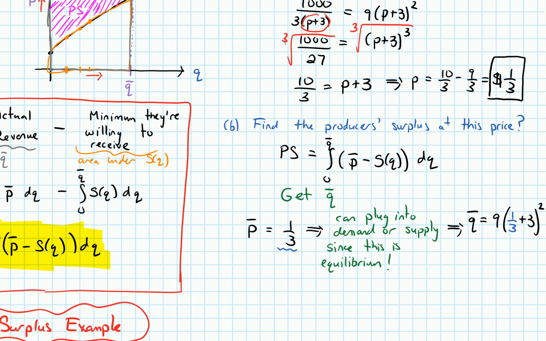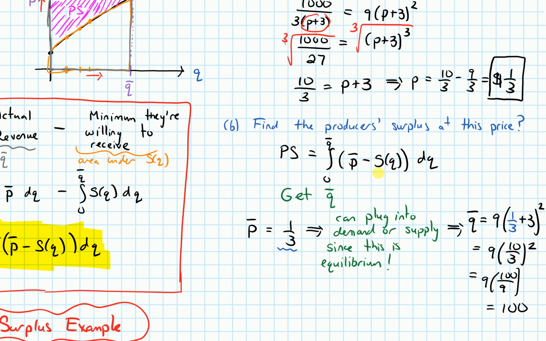That was my function, plugged in a third. Simplifying this is 9 times 10/3 squared, if I just get a common denominator. So 10/3 squared, that is 100 over 9. And that's kind of nice. 9 times 100 over 9, that is 100. So that's Q bar right there. Q bar is 100.